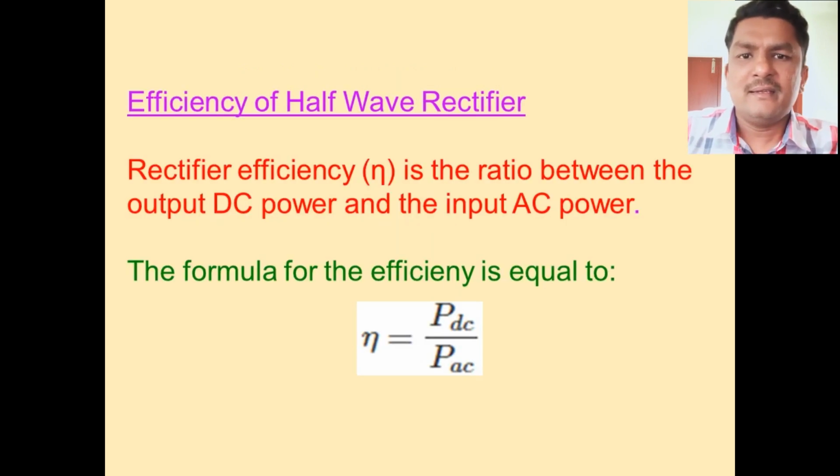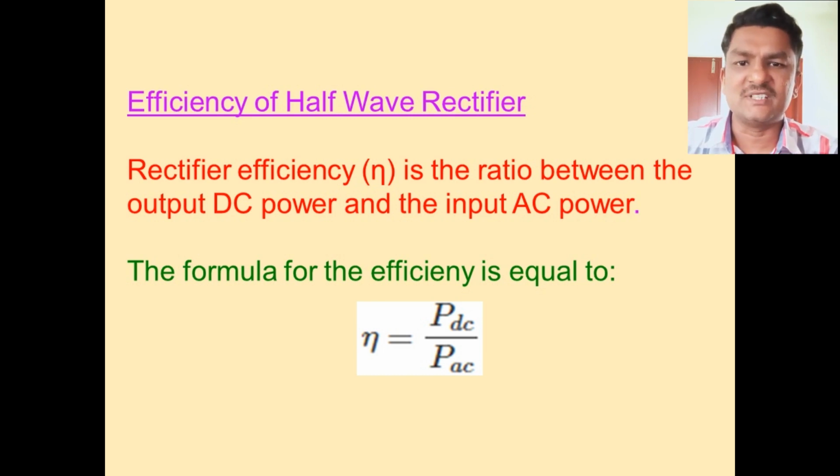A PN junction diode can be used as a half-wave rectifier. A rectifier means a device which converts AC to DC. The efficiency of half-wave rectifier is the ratio of output DC power to the input AC power.